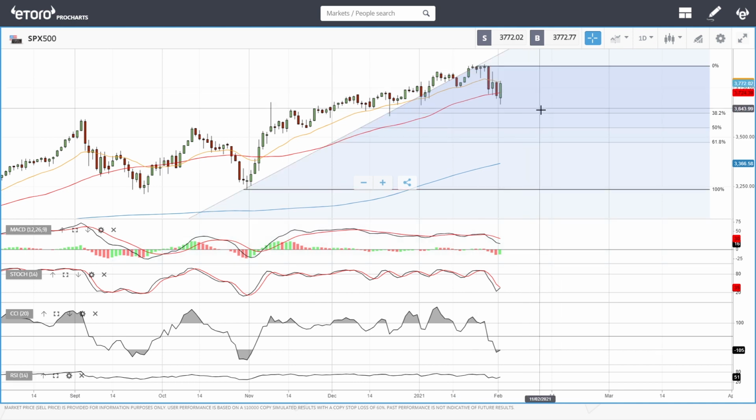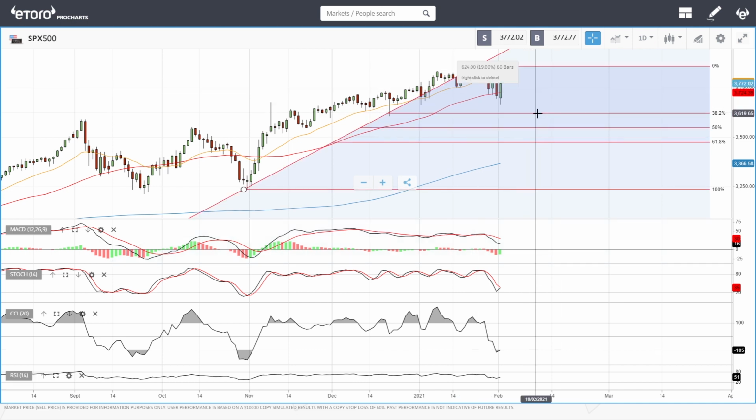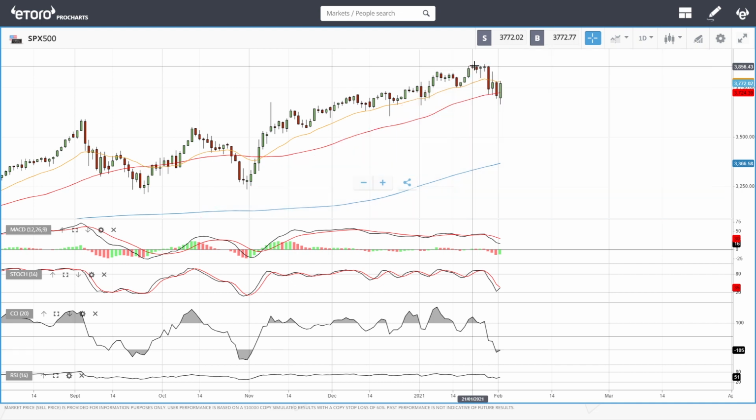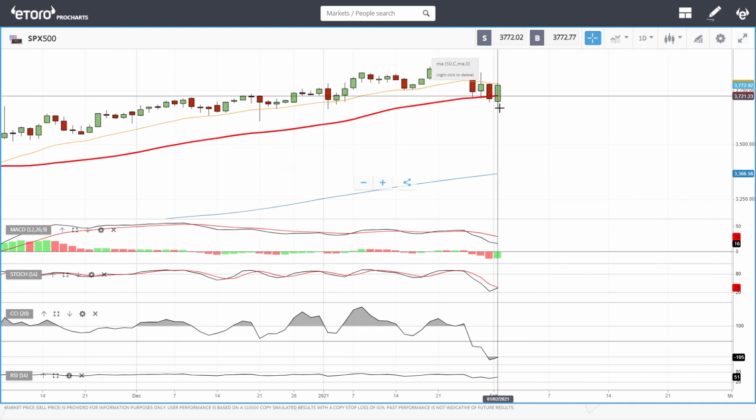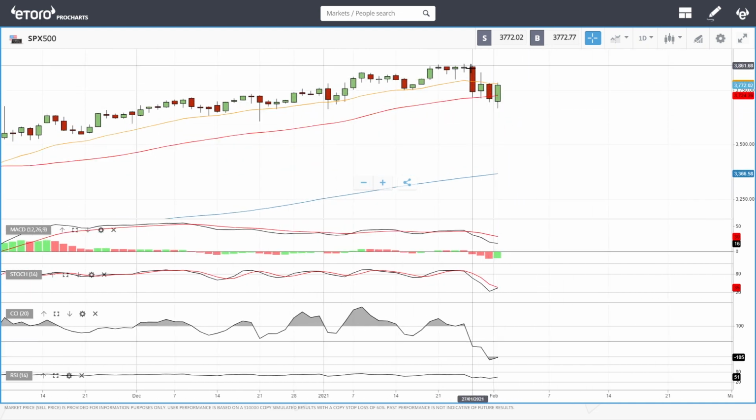For example, we could go all the way down to 3,600 or 3,550, or even in the worst case scenario down towards 3,470. That is possible. We'll have to see. This was a very encouraging sign, but usually when you have 3 days of decline like this, you have a major rally. Technical indicators are turning around, so they are looking fairly positive.